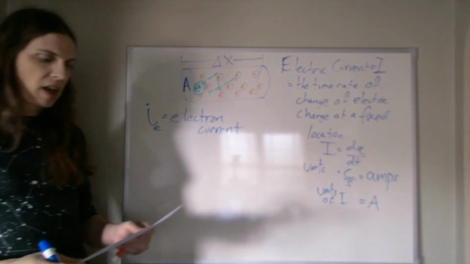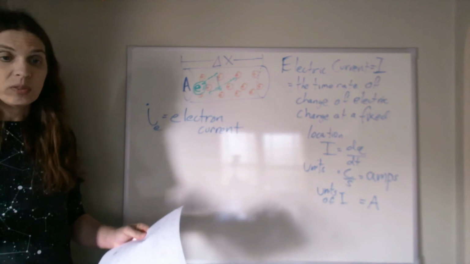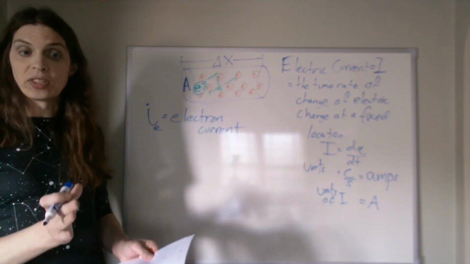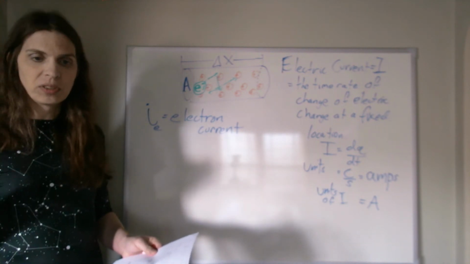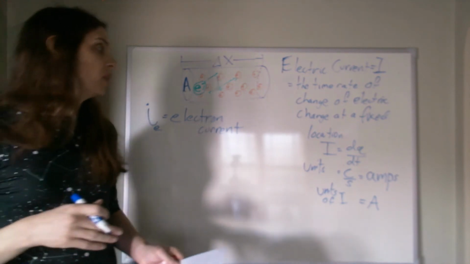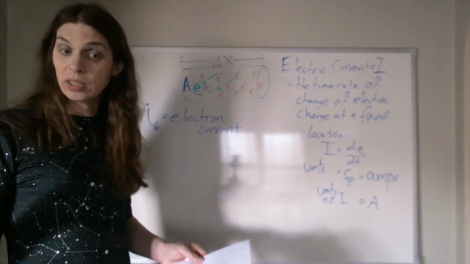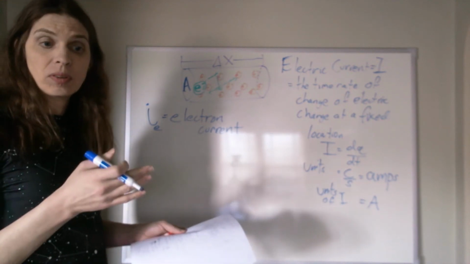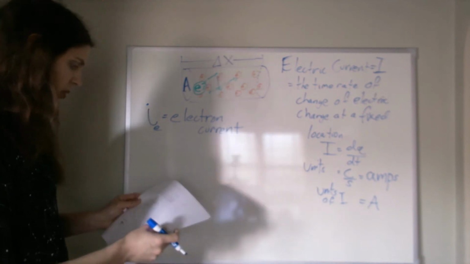And that gets to be the rate at which the electrons are passing through a particular location, a fixed location, with respect to time. So how many electrons pass through a point at a given instant, at a given rate of time.